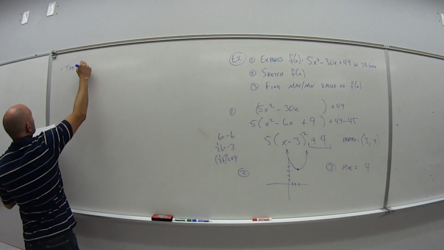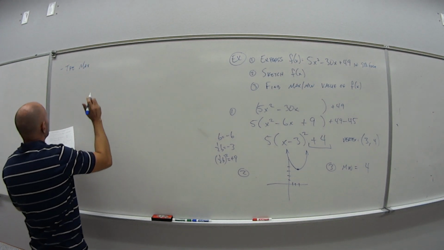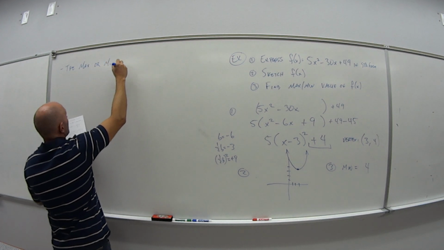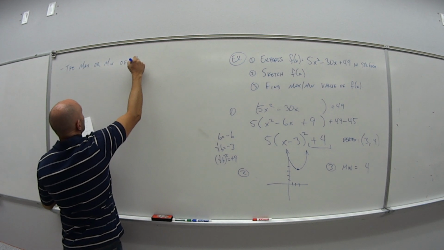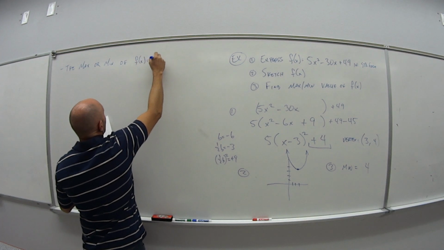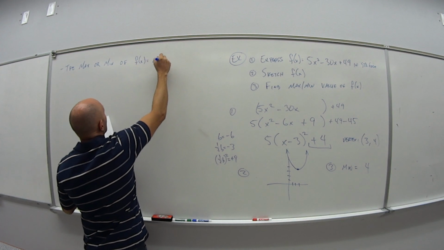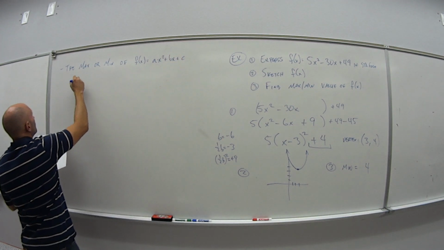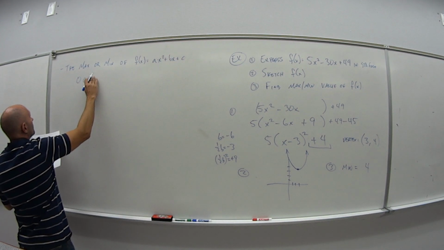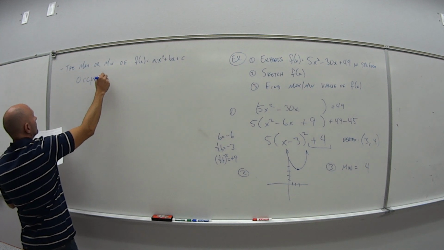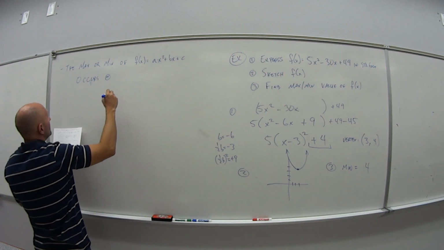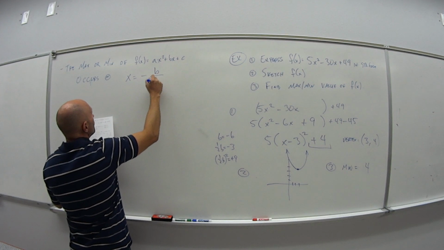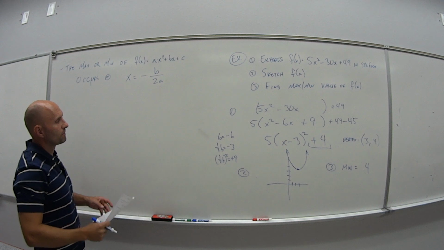The max, and this is something I would put on your cheat sheet, or min of f of x equals ax squared plus bx plus c occurs at x is equal to negative b over 2a.